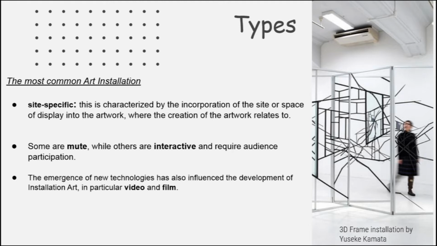Some compositions are strictly indoor, while others are public art, constructed in open-air community spaces or projected on public buildings. Some are mute, while others are interactive and require audience participation.